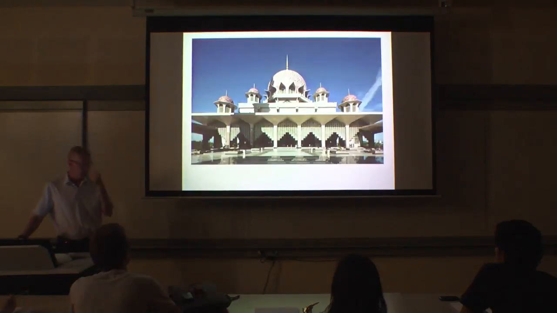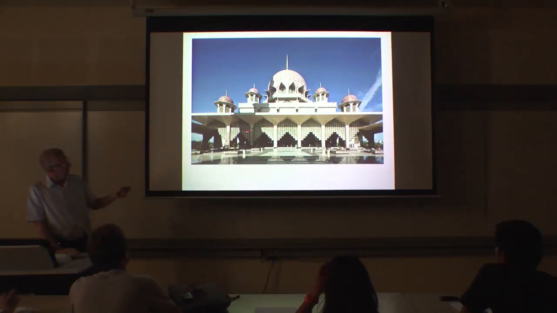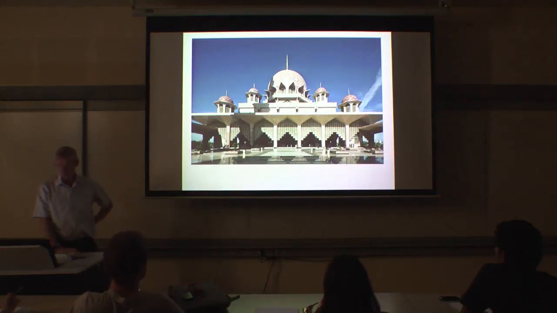Looking back across from there towards the courtyard, this is the view towards the Qibla in the mosque, the main entrance. So we have a series of what are essentially screens, false arches in front.